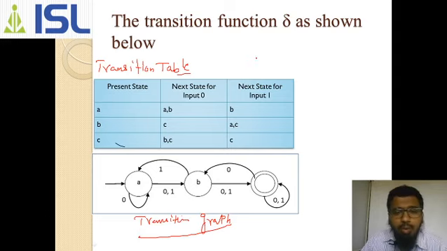After telling you what DFA and NFA are, I will show you the difference between DFA and NFA.